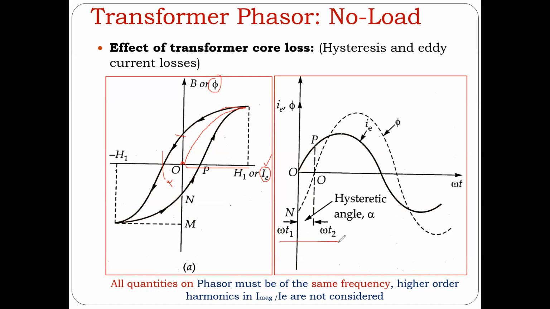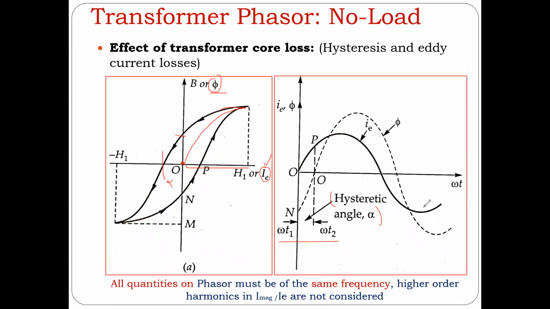After a certain time, which is the phase. And this difference in the phase is known as the hysteretic angle. So phi is always lagging behind the excitation current. So the previous slide, where you've seen that this flux and the exciting current were in the same phase, is not a complete truth.